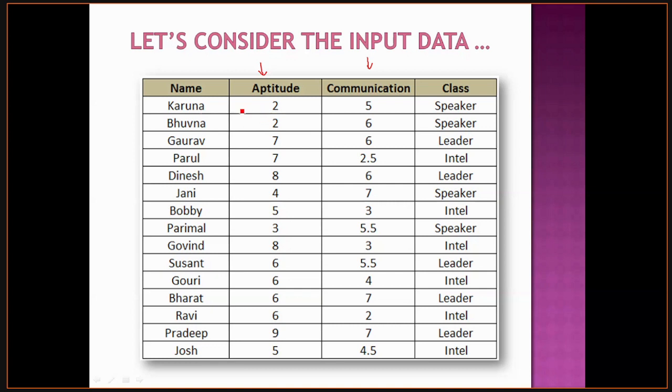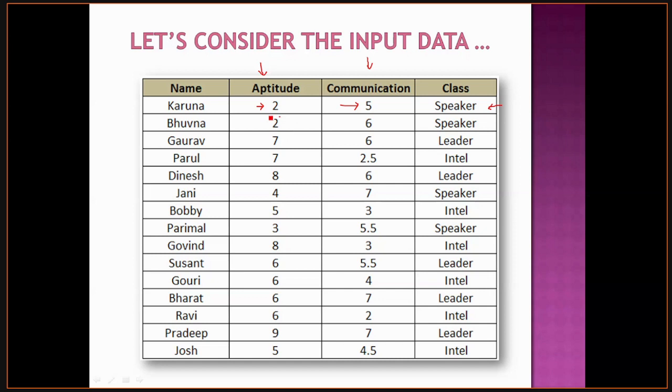Say for example, the first student Karuna has a grade 2 in aptitude and a grade 5 in communication. So that student Karuna can speak well, but is a little low in terms of aptitude. So the class that Karuna belongs to is speaker, right?